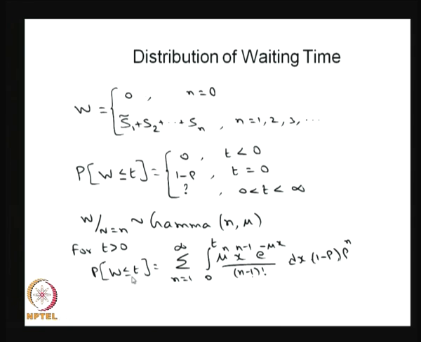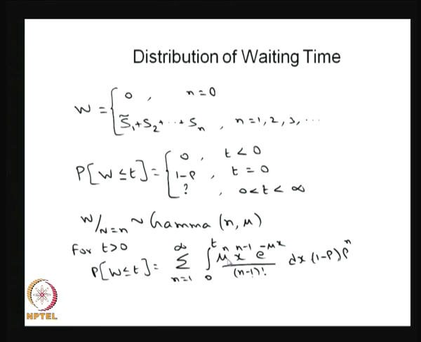That means for t greater than 0, the CDF at the point t is nothing but the conditional probability density multiplied by the probability of n customers in the system. That multiplication with the possible n will give the CDF between the interval 0 to t.